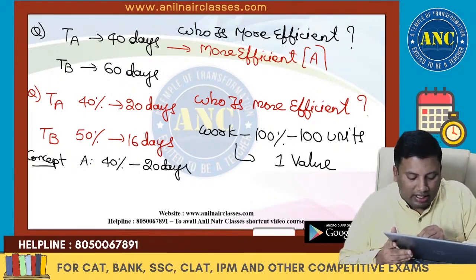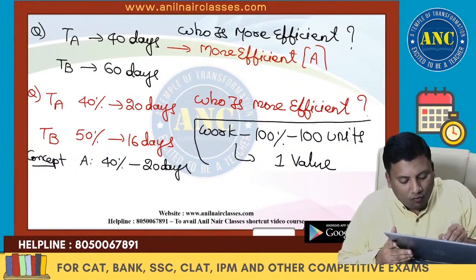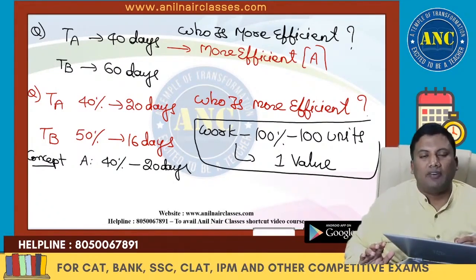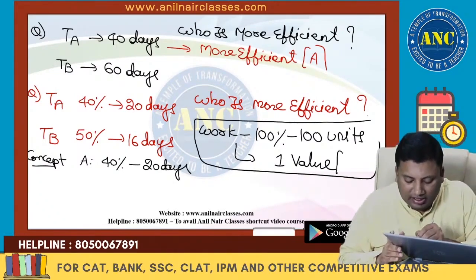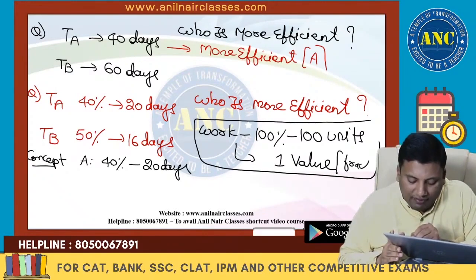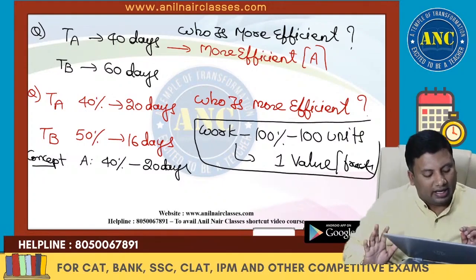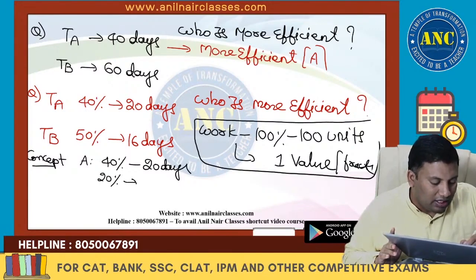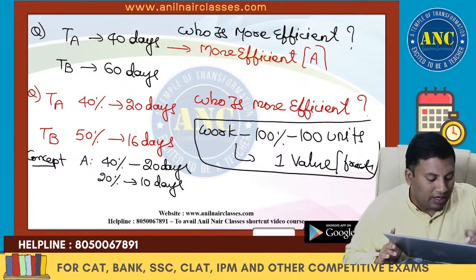You can do it in any way. This will result in a fractional value for A and B's work. 40% in 20 days. Do half of it: 20% will be 10 days. Are you all with me?